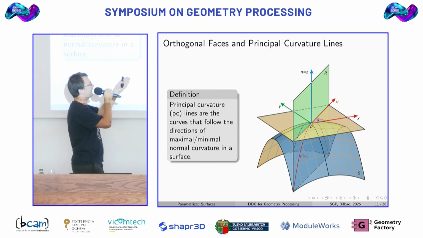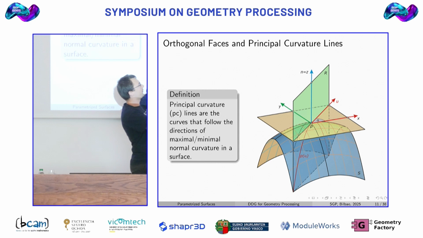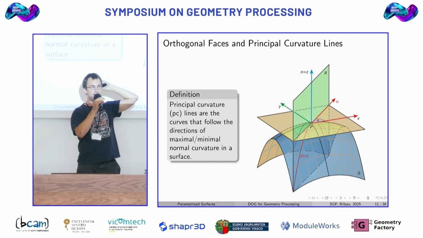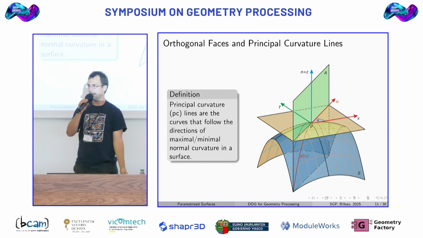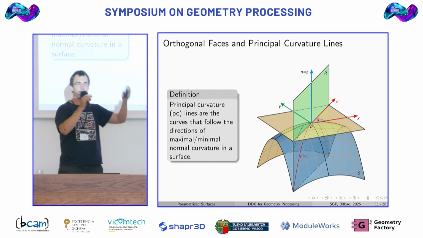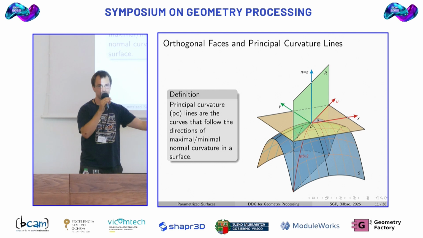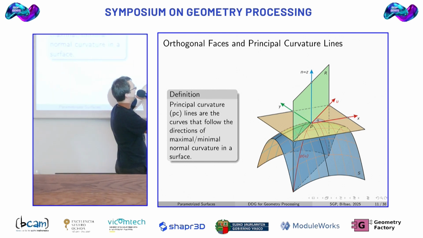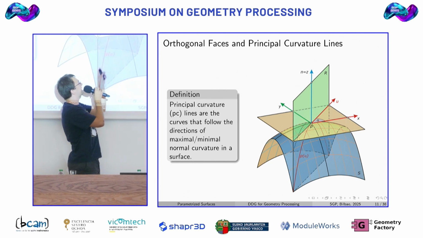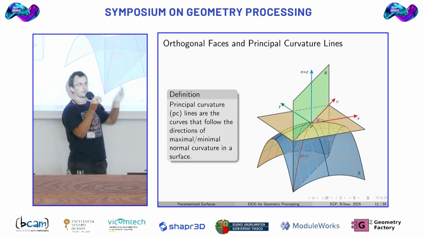We take a plane through P containing this normal vector. This plane now cuts a planar curve in our surface, and we compute the curvature, or the osculating circle, at this point P that we get by intersecting this plane with the surface.